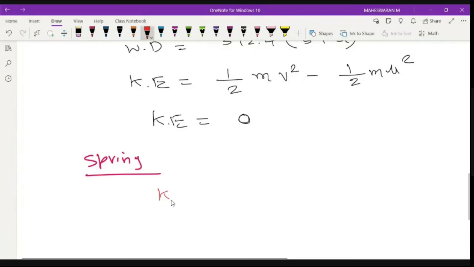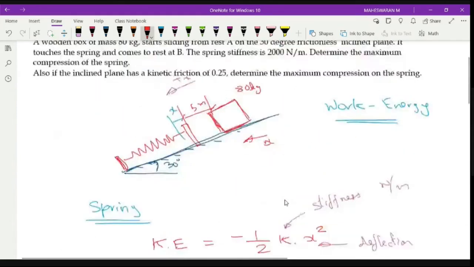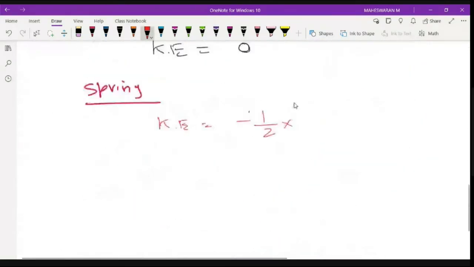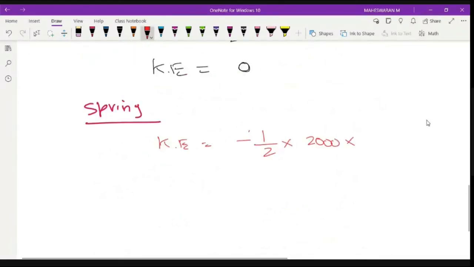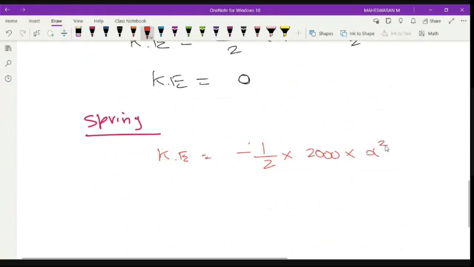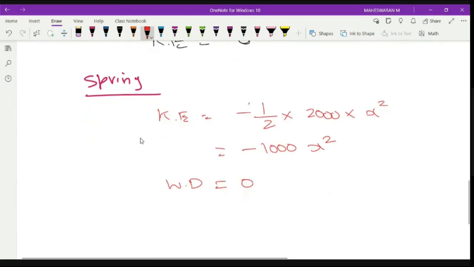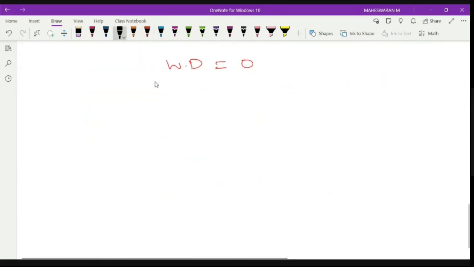For the spring, the energy is half k x square. K is already given, which is 2000, into x square. I don't know the deflection x, so I will get minus 1000 x square. What is your work done in your spring? That is zero. Now total work done is equal to total kinetic energy.